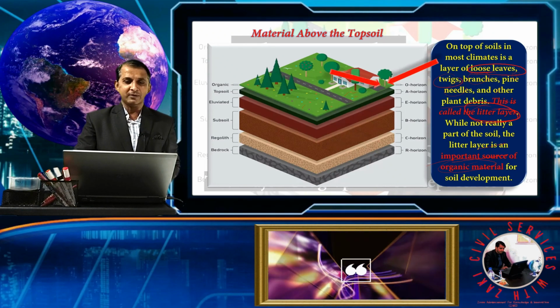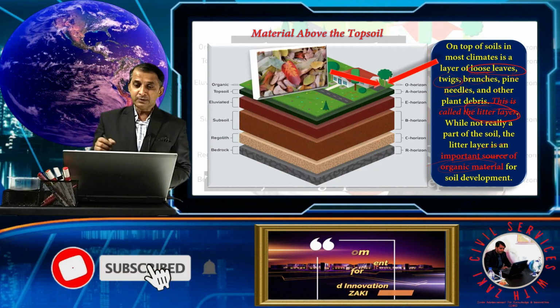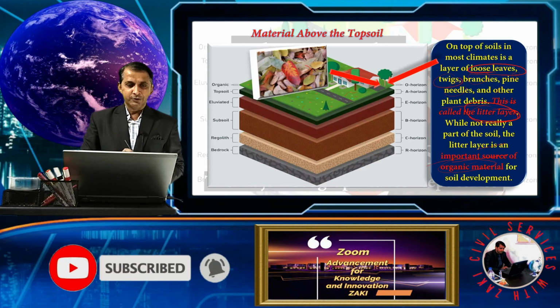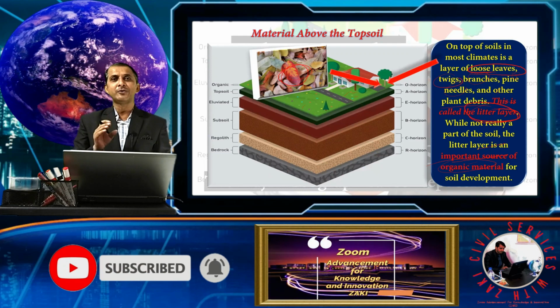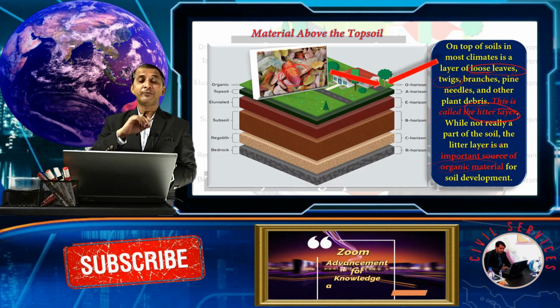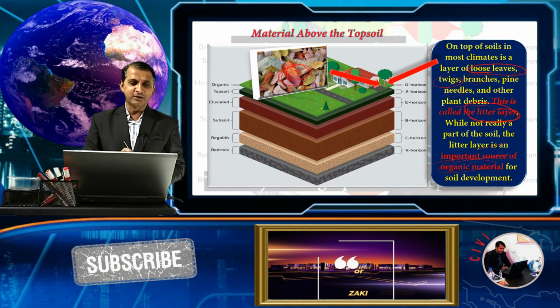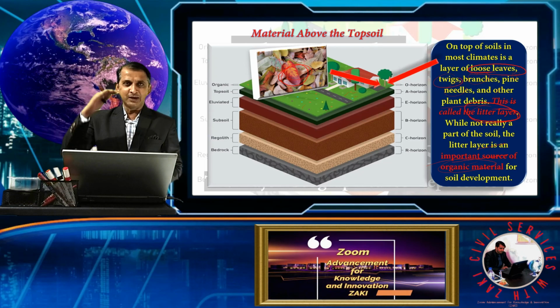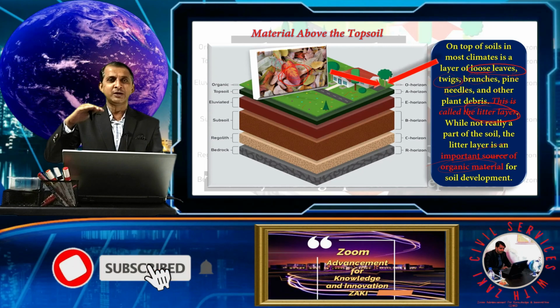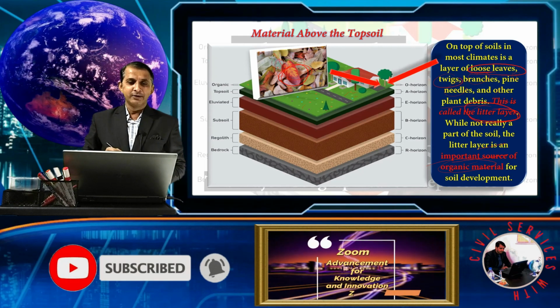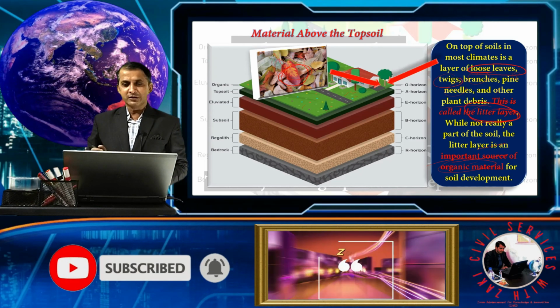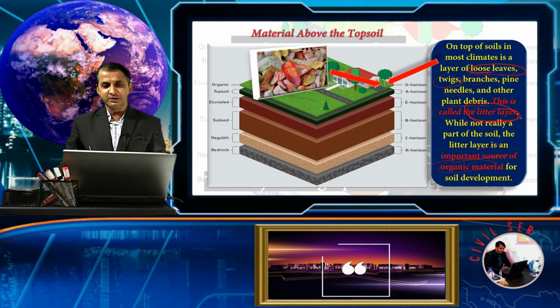This layer also protects the soil from the erosion of direct rain, because these leaves stop the erosive activity of the rain. So that's why it is called the litter layer.